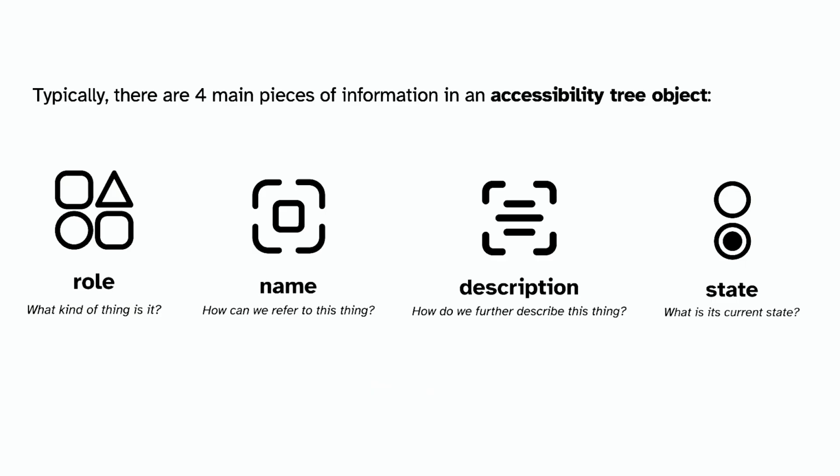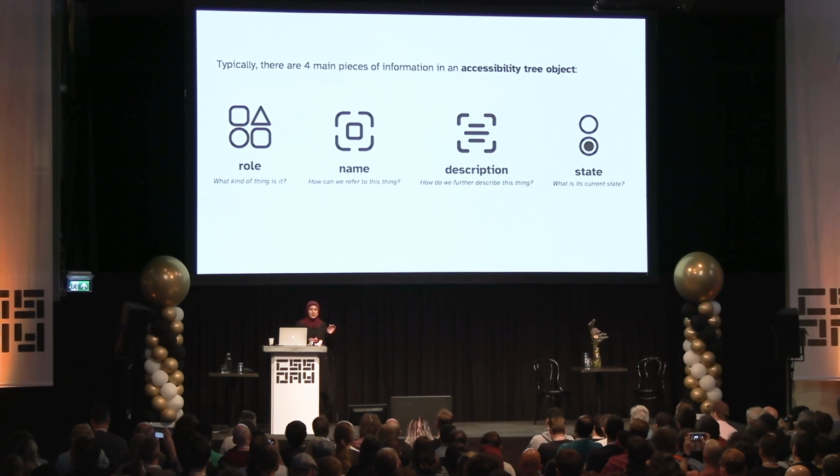Many elements, particularly interactive ones, also have a state. For example, a checkbox can be checked or unchecked. A button can be pressed or not pressed. States respond to user interaction and must be announced to the user when a state change happens. And this is very important because we're going to come back to this at the end of the talk. All native interactive controls come with state information that the browser updates and exposes to screen readers via the accessibility tree.